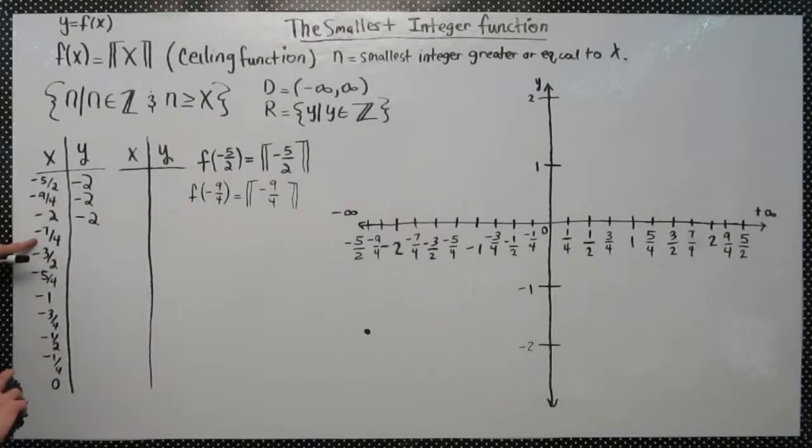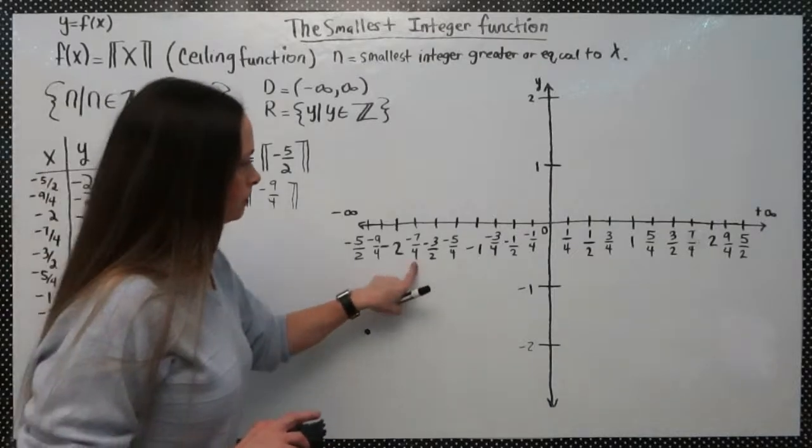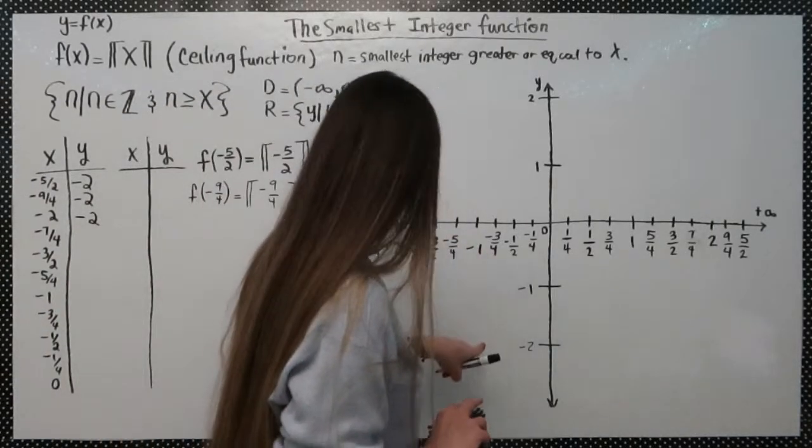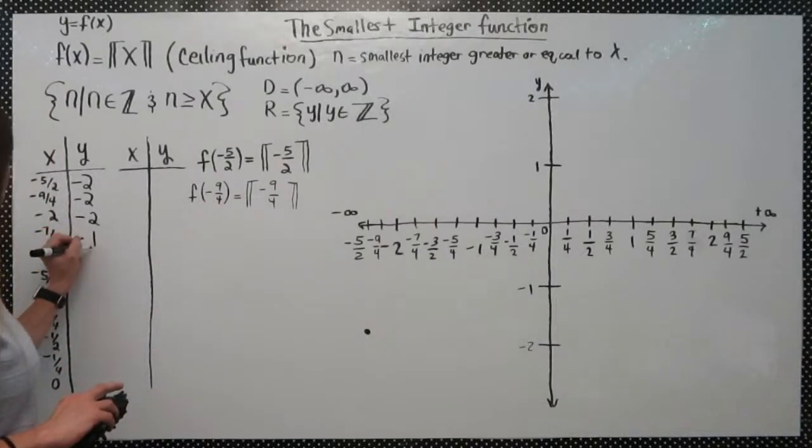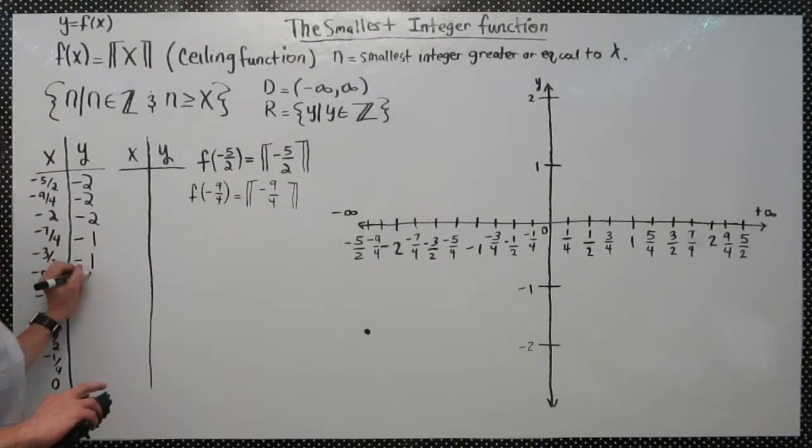Smallest integer greater than or equal to -7/4. Now we're at -1. We'll say -1 is on there.